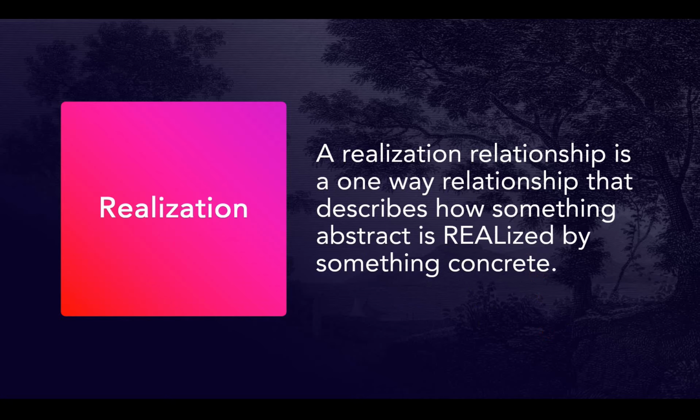So we have already seen some examples of this when we introduced the paradigm and the fundamental concepts of object-oriented programming. The first one right here is a realization relationship. A realization relationship is a one-way relationship that describes how something abstract is realized by something concrete, meaning it is given a real form.